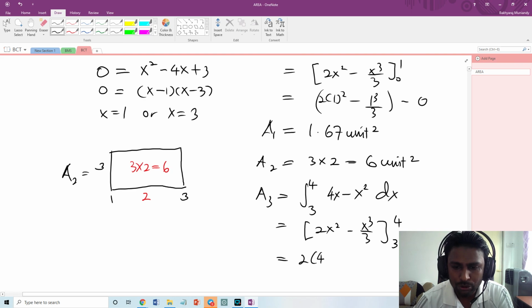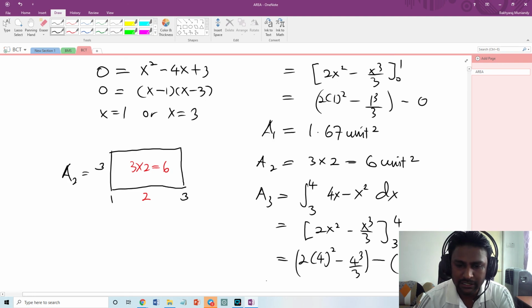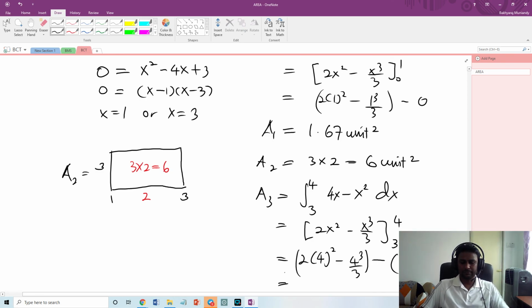So 2 times 4 square minus 4 power of 3 over 3, minus 2 times 3 square minus 3 power of 3 over 3. Okay, what is the answer? Give me the last answer. Terus buat last answer, bagi tahu.